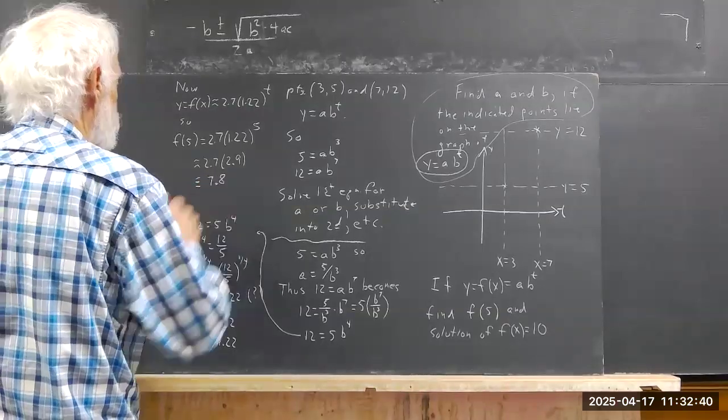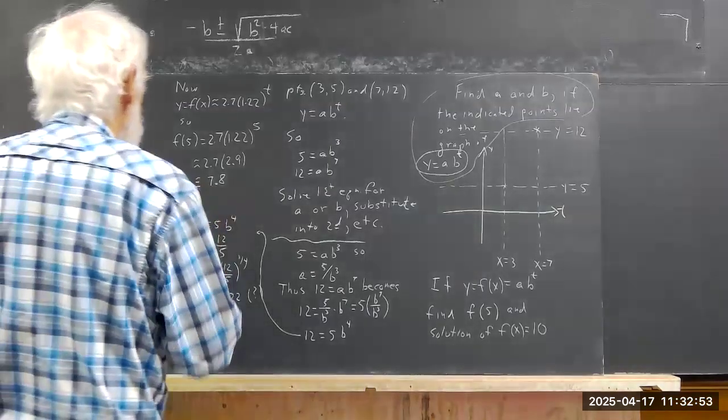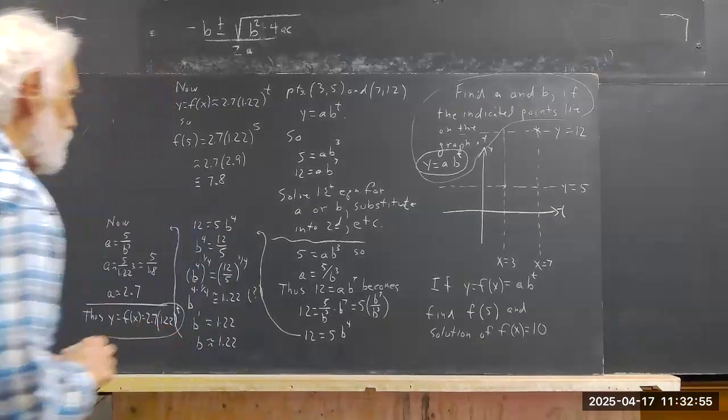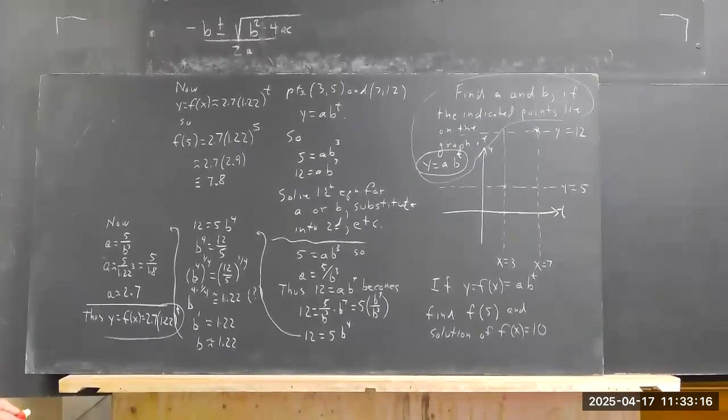That's about 7.8. And that couldn't be. f of 5 can't be. Now, I don't know what I'm thinking. Something's wrong, because f of 7 would be bigger than I think it's going to be.